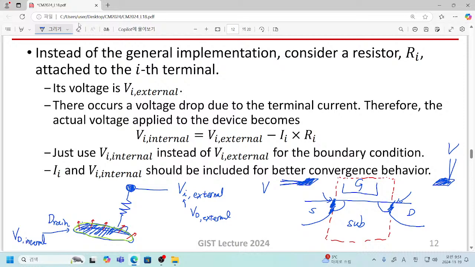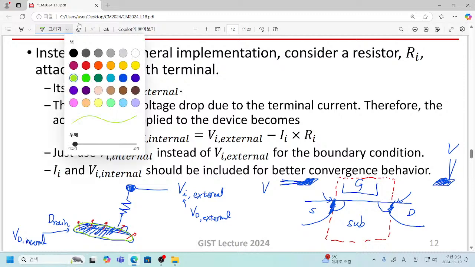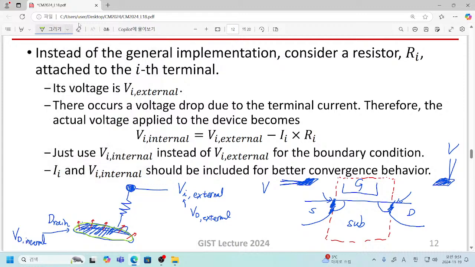In this metal pad, of course, there is a metallic connection between this metal pad and our source region, and also there is another metallic connection between our metal pad and the internal drain region.